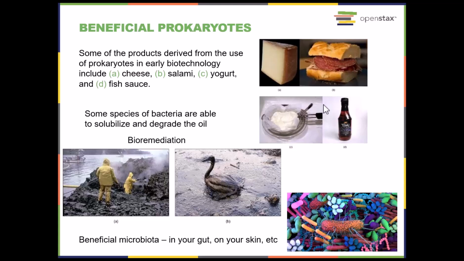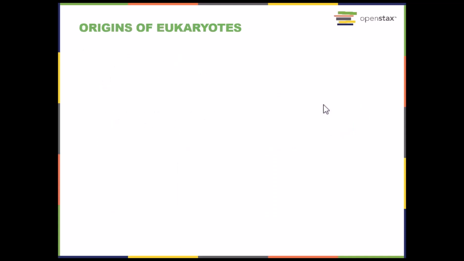Part of the problem with overuse of antibiotics is not only are we allowing things like MRSA to evolve, because we are essentially creating a very strong selective pressure for those that can get around our antibiotics, but we are also, in many cases, killing off our good bacteria. That's one of the reasons why sometimes when you take an antibiotic, it's good to, at the same time and afterwards, take a probiotic to reintroduce good bacteria into your body. We have the prokaryotes, we're going to move into eukaryotes.